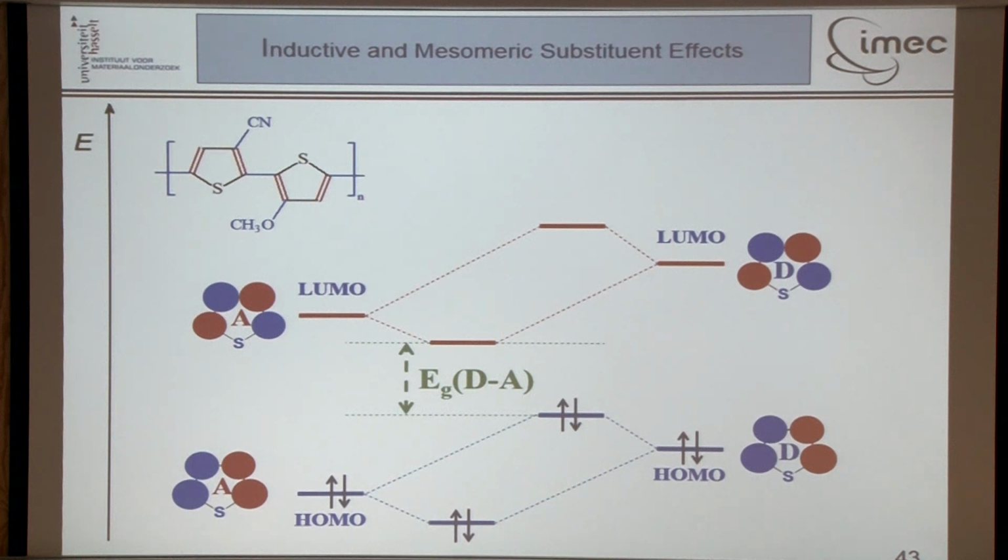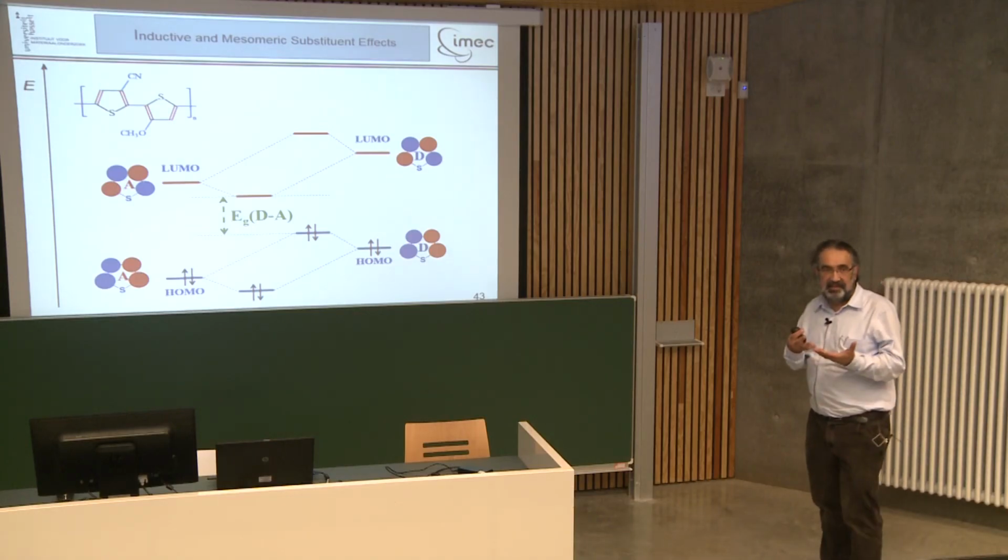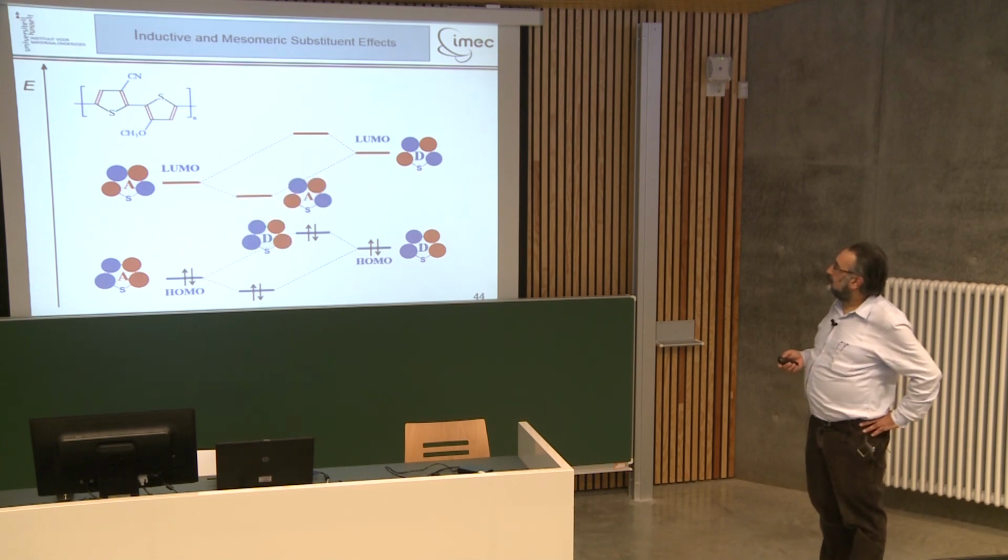And this works very strongly. So this is a very effective way to lower the band gap. And if you look at the structures that are used nowadays, you see this pattern.